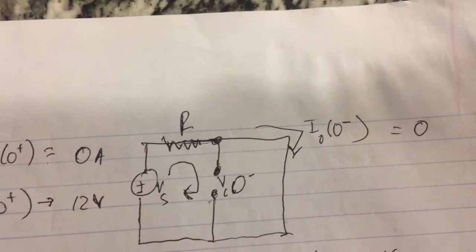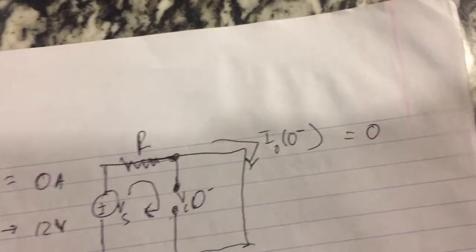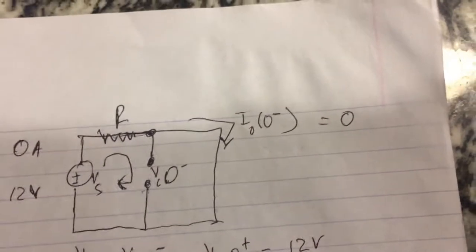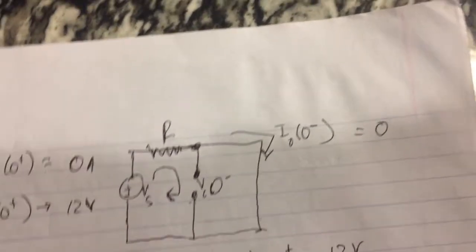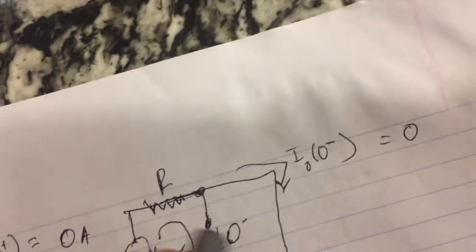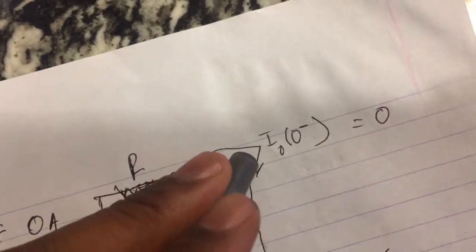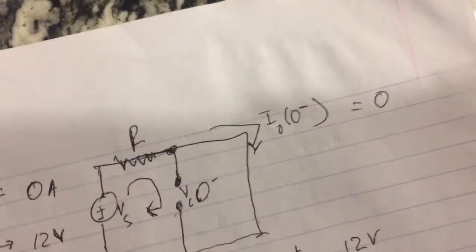And we know that Vc(0-) is equal to Vc(0+) because a capacitor's voltage doesn't change instantaneously after time t equals 0 plus, right? Alright, so we want i₀(0), and i₀ is going this way.